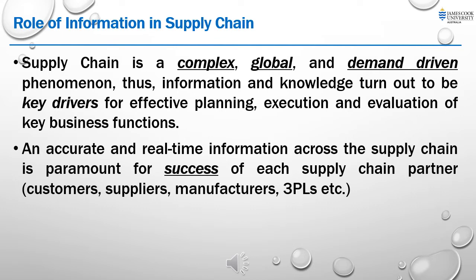Thus, information and knowledge turn out to be the key drivers for effective planning, execution, and evaluation of key business functions. Accurate and real-time information across the supply chain is paramount for the success of each supply chain partner. Overall, information is very important to the supply chain, helping businesses reduce costs, improve efficiency, and better serve their customers.